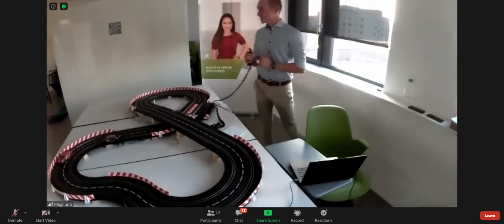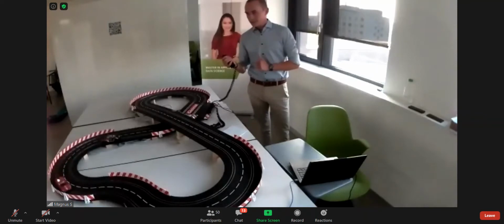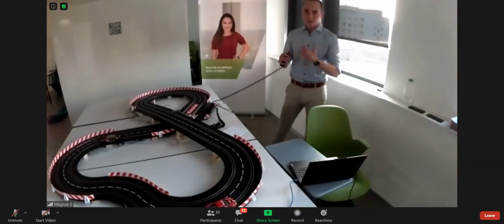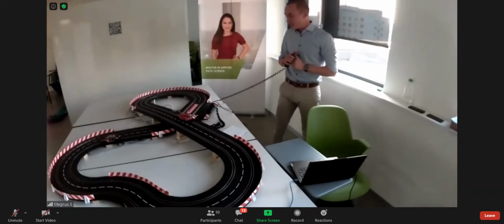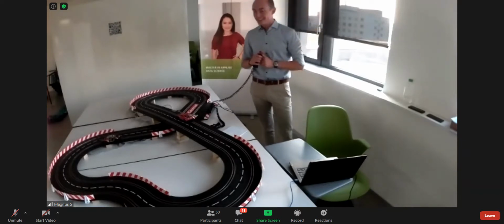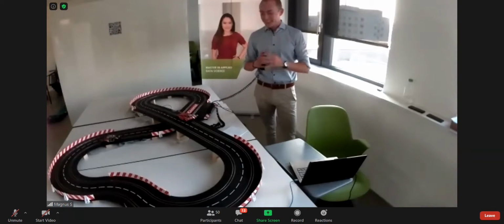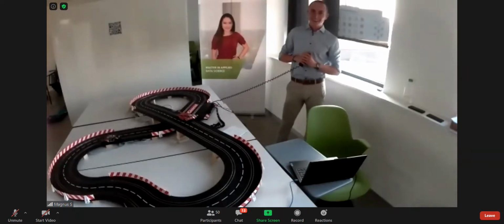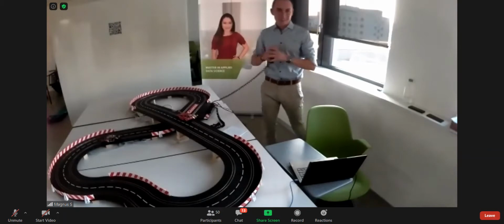Because in the end, what this controller does is only send one number or one signal to the racetrack. The problem is you need some electrical engineering skills. We're data science students, so we're still looking for support on that.